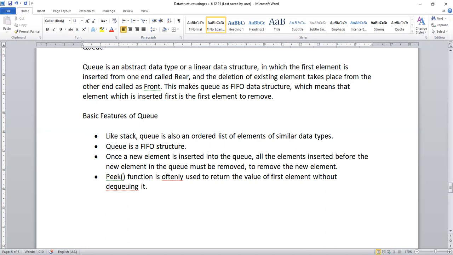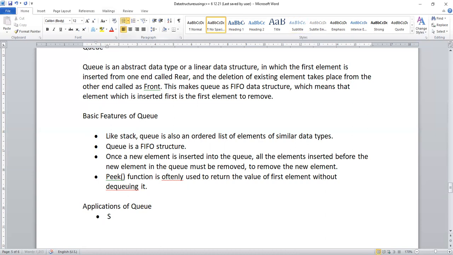Next, applications of queue. What are the different types of applications we are having?